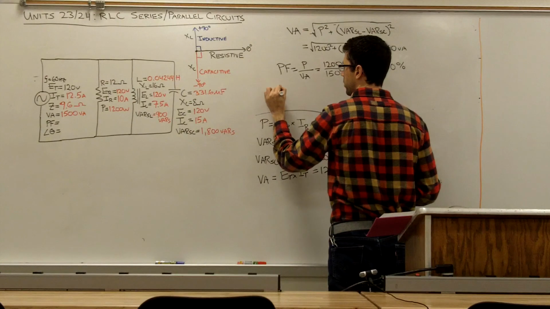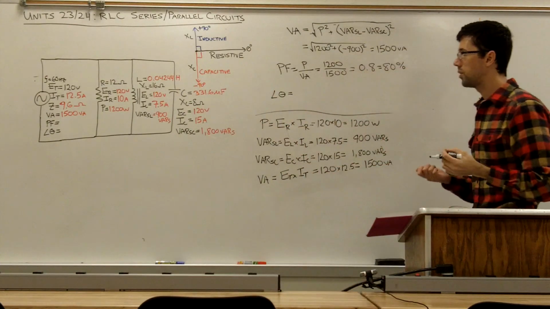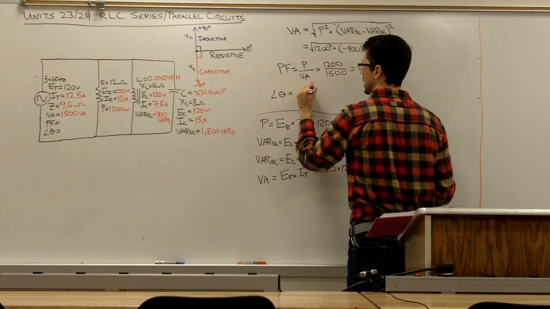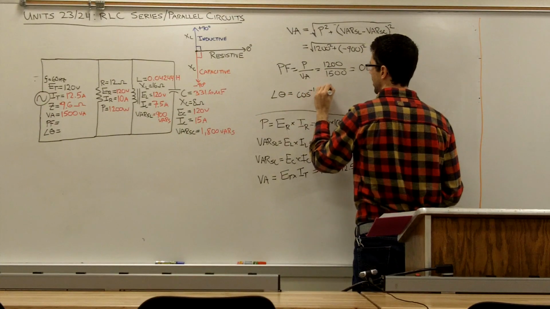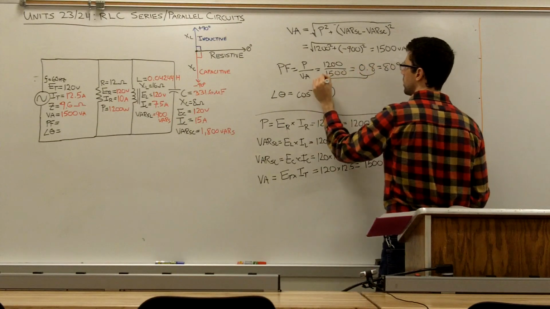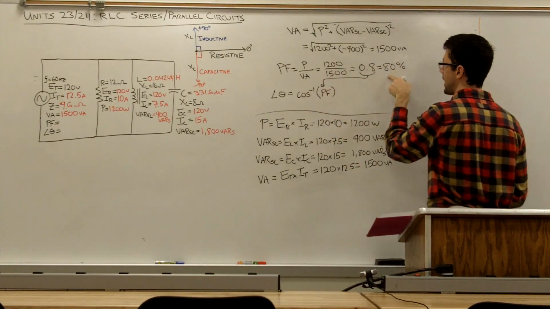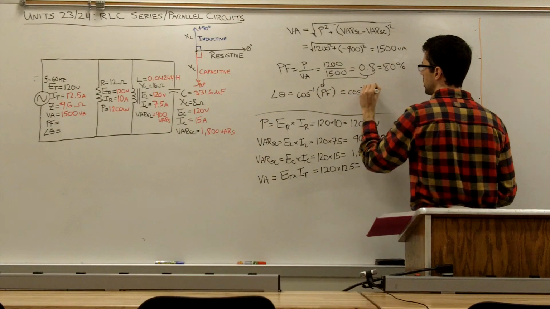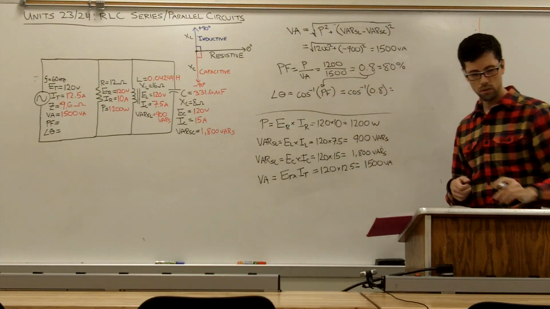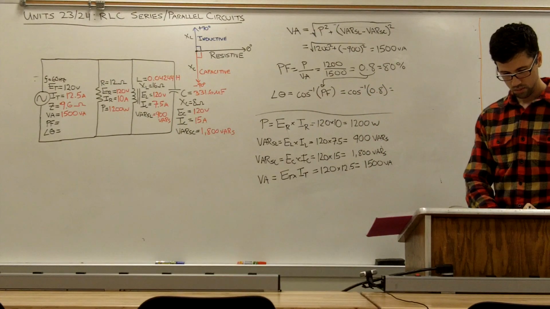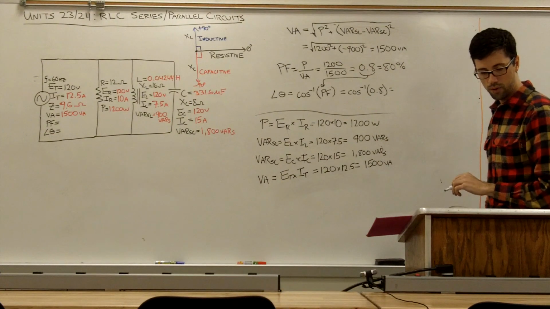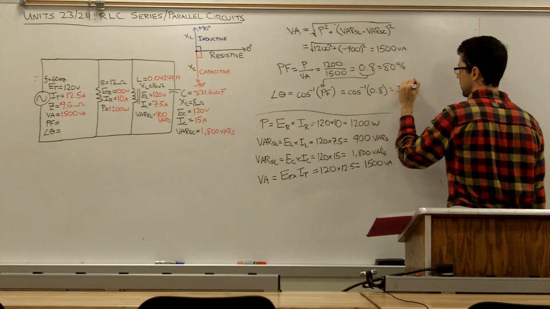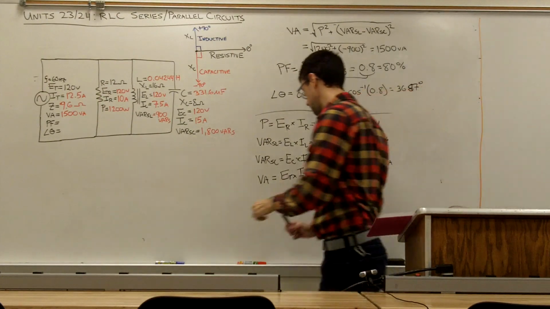And then finally we have angle theta, the phase difference between the voltage and current sine waves, which is the arc cosine, or cosine to the power of negative 1, of your power factor. Once again, please make sure to use the decimal value of your power factor and not the percentage value. So this is cosine negative 1 of 0.8, which gives me an angle of 36.87 degrees.